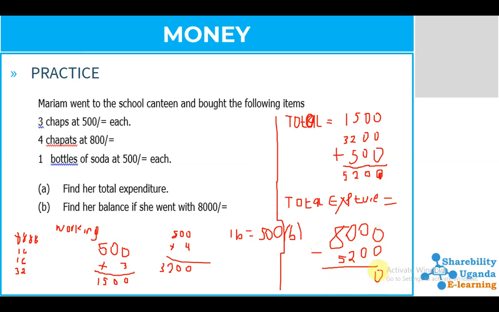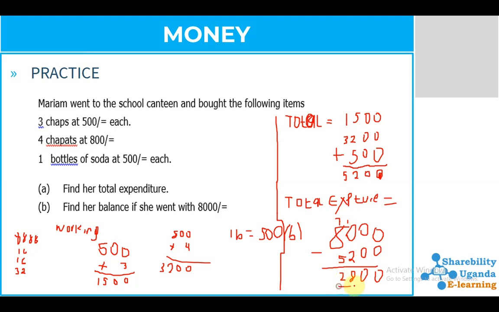Well, this is going to be a 0, and this is going to be a 0. 0 minus 2, impossible. Borrow 1 from here, remain 7, and this becomes 10. So 10 minus 2 is 8. 7 minus 5, we shall have 2.